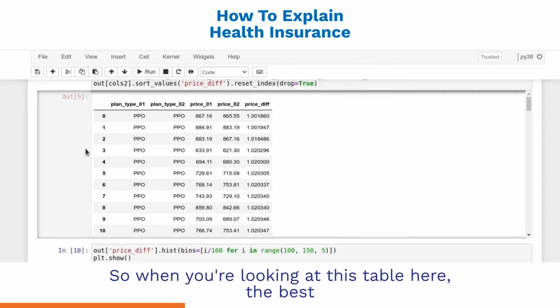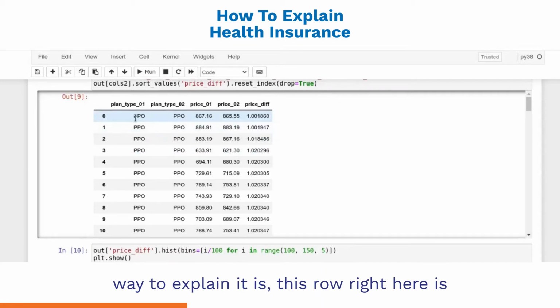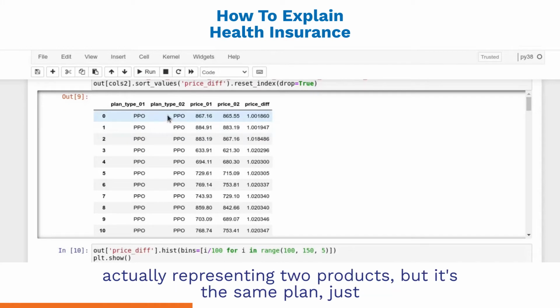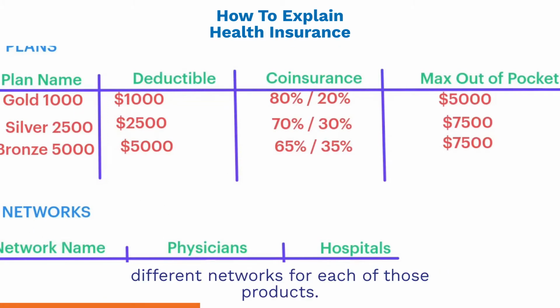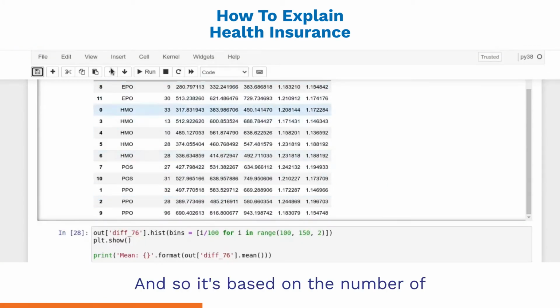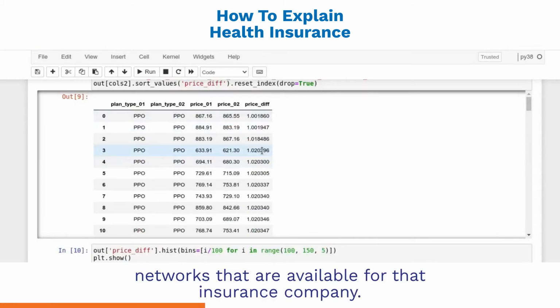So when you're looking at this table here, the best way to explain it is this row right here is actually representing 2 products, but it's the same plan, just different networks for each of those products. And it's based on the number of networks that are available for that insurance company.